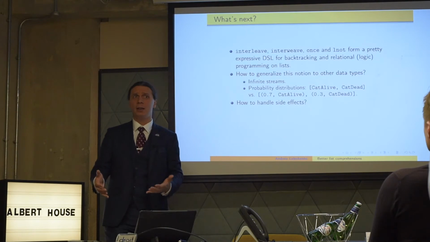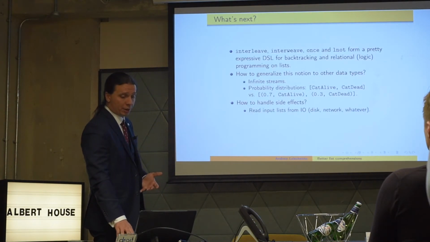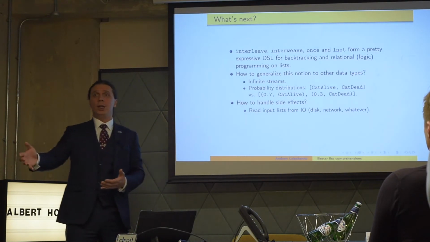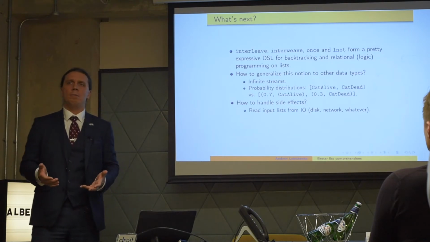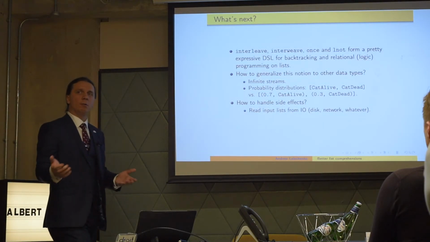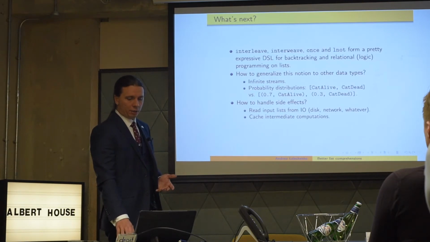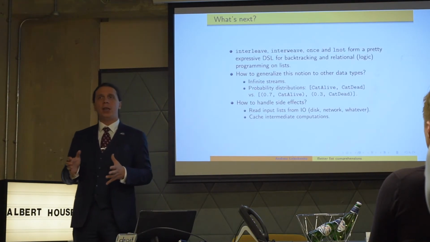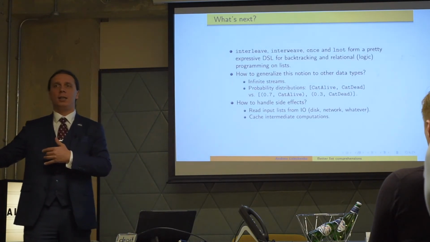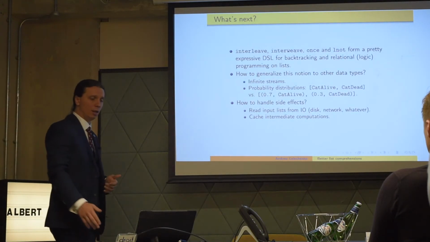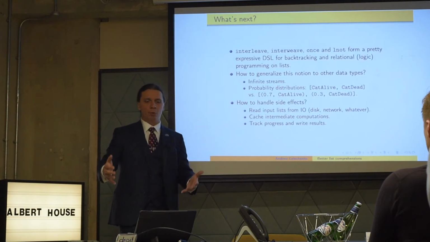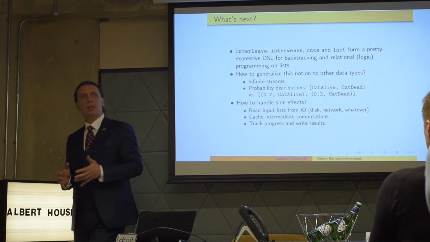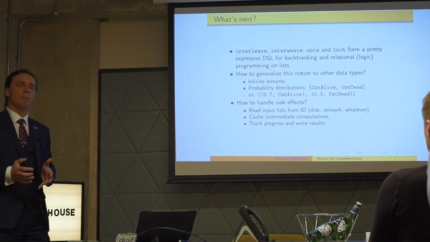I'd like to have some side effects to track this. I'd like to read input lists from possibly some I/O, like from disk, network, whatever. I'd like to cache some intermediate computations in some state monad. I'd like to track progress and write results, some intermediate results probably.